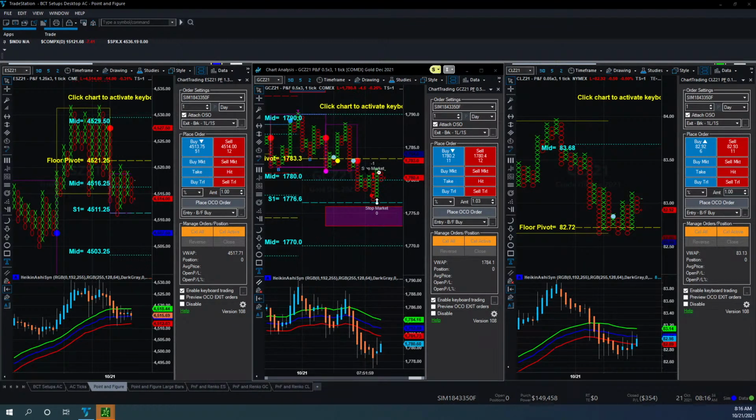See, it went now in the Renko, it's in the chop area right here.